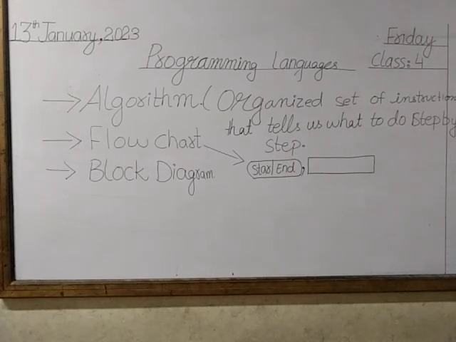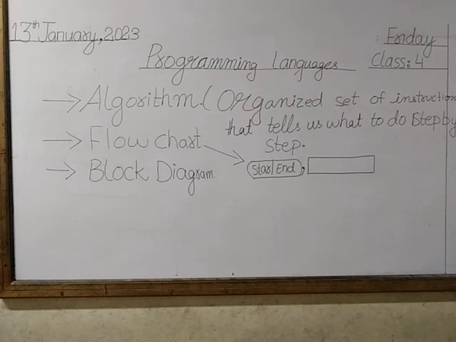Why do we need a flowchart? Can anyone tell me? Anaya Imran, yes, please tell me why we use flowchart. Flowchart makes it easier to understand the algorithm and find the errors in the sequence of steps.